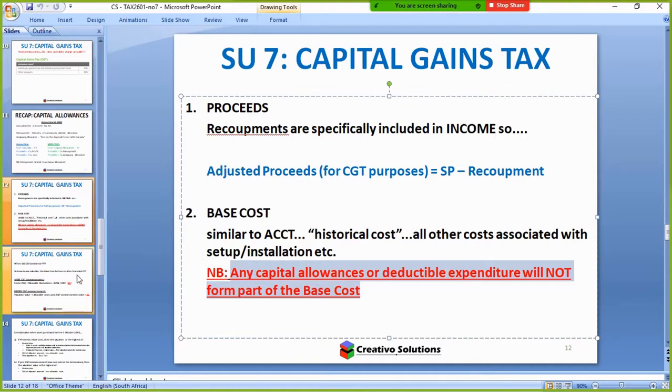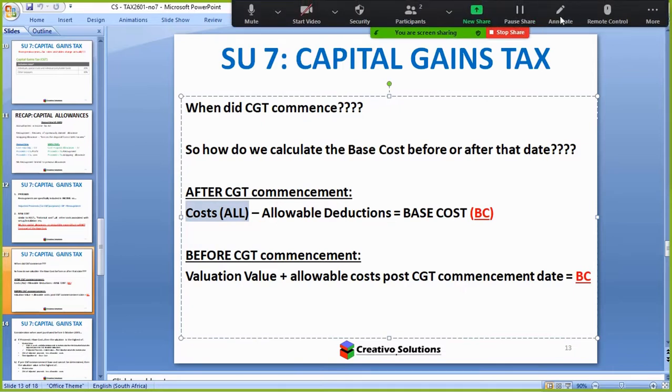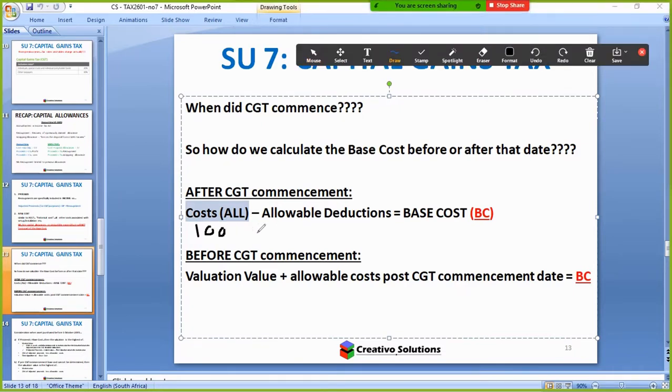Do you agree? Yes. Right, so you would show 100 minus 70 equals 30 as your base costs. Make sense? Yes.